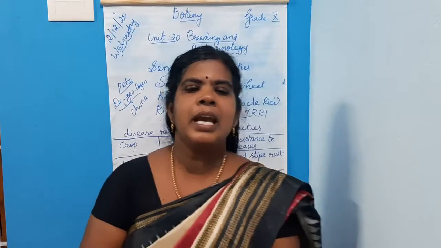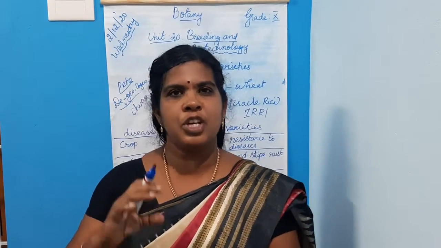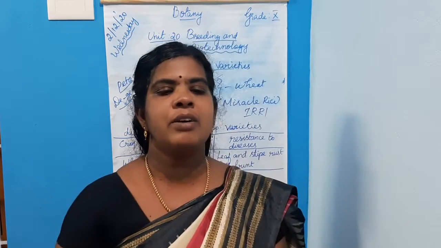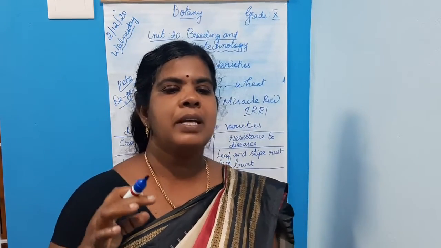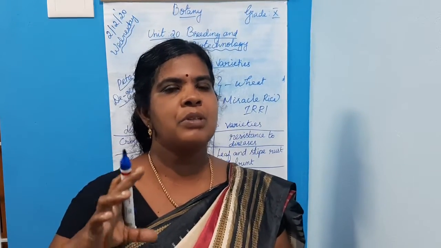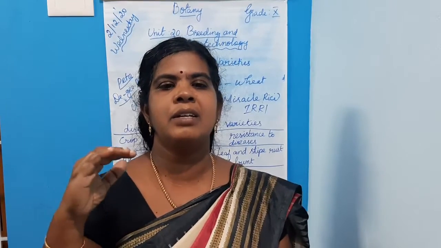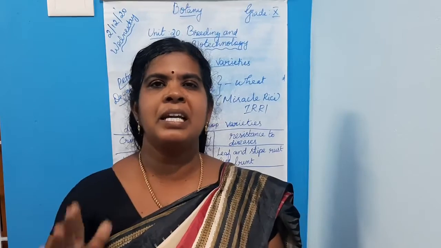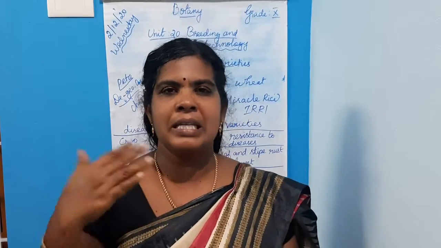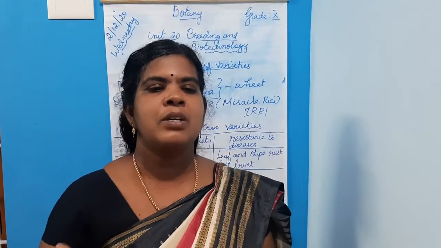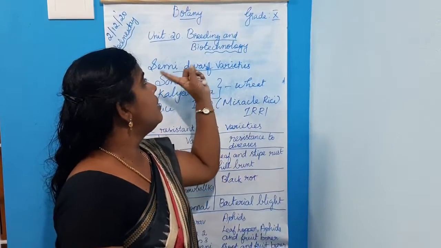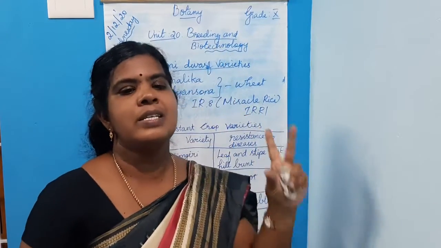The aim of plant breeding is to improve the protein content and quality of protein. What is the aim of plant breeding for improved nutritional quality? Usually protein malnutrition may lead to certain health problems, so in order to increase the protein content in certain plants, this breeding technology is applied.